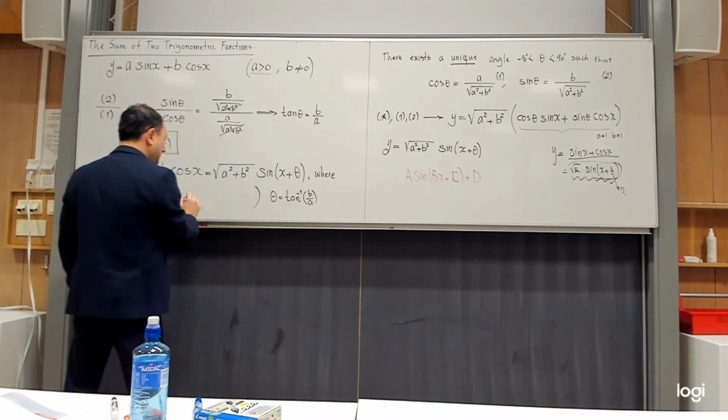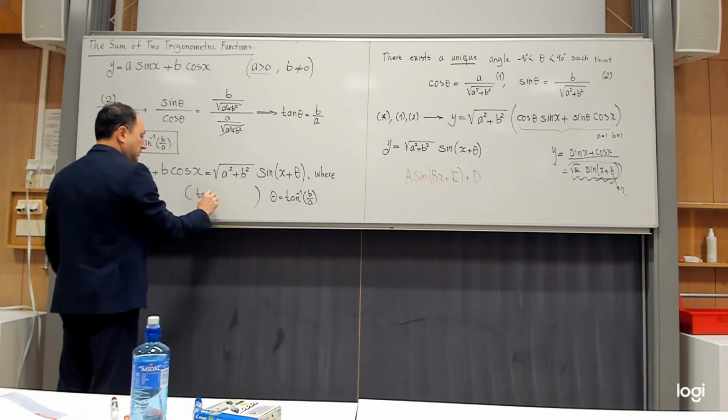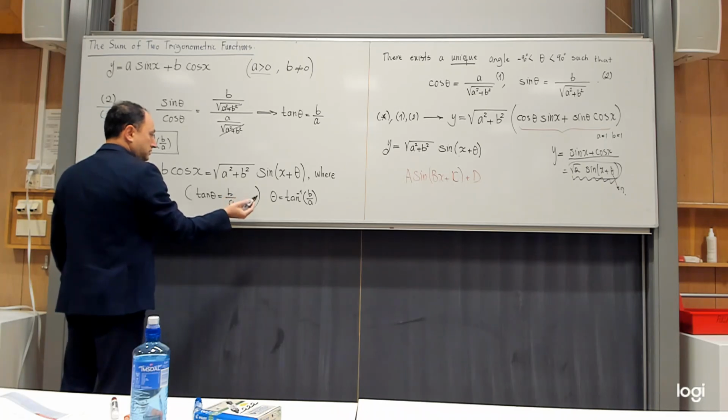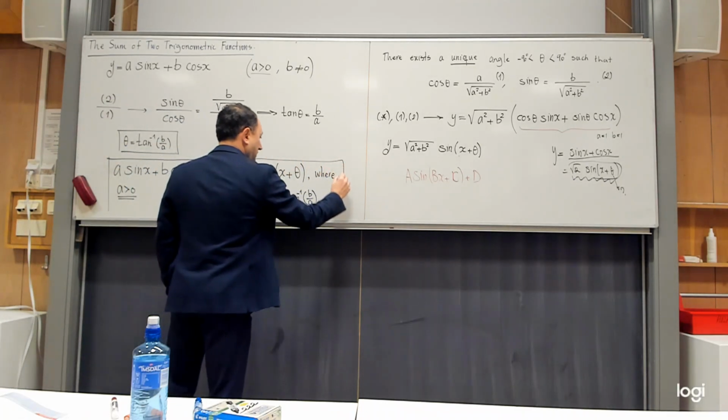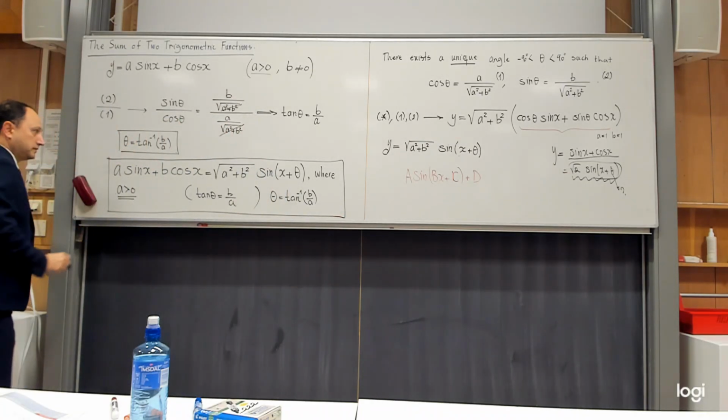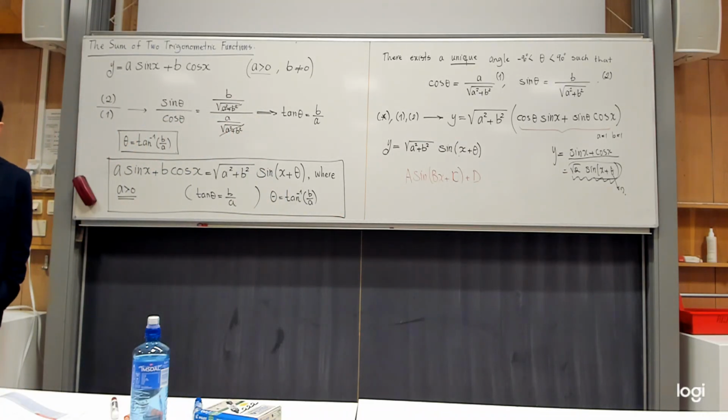Or equivalently, you can say tangent of theta is b over a. It doesn't matter. So this is what we actually got. Is that understandable, everything? Yes.